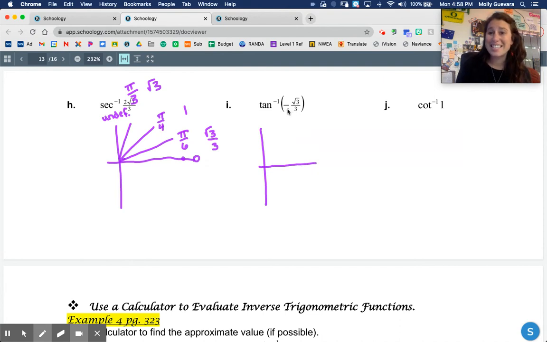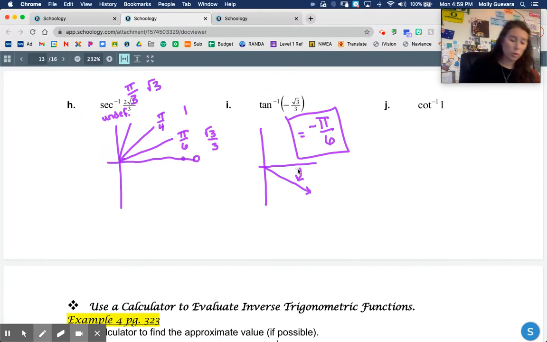Here the tangent is negative, so I know it's going to be down here. And I really just look and say, okay, which tangent is root 3 over 3 in the positive, and it's pi over 6. So down this way, and it's just going to be negative pi over 6. So the tangents in quadrant 1 are positive, and the tangents in quadrant 4 are negative.